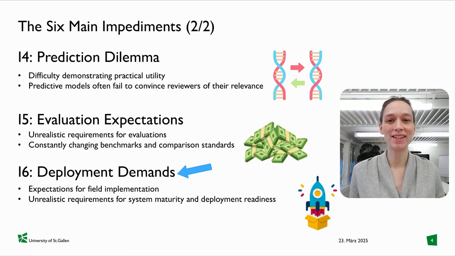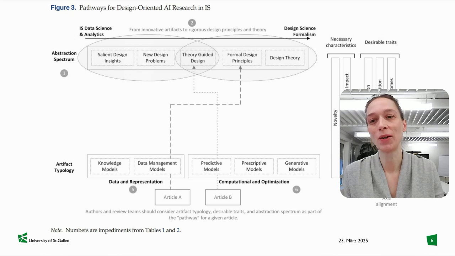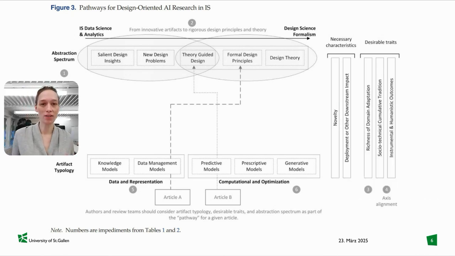So it can happen that the evaluators have quite unrealistic expectations about field implementation and the system maturity and deployment readiness of your tool. So this is why the authors suggest some pathways for writing and publishing this kind of research papers.